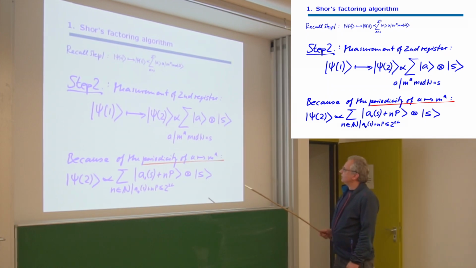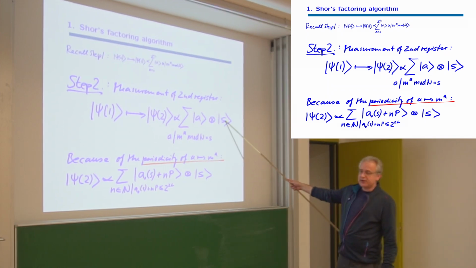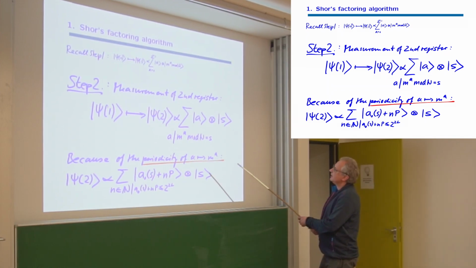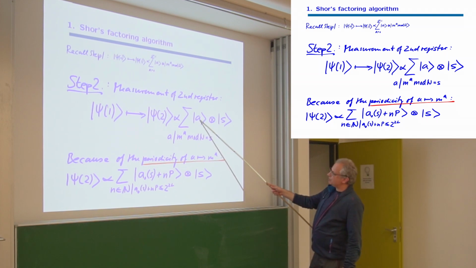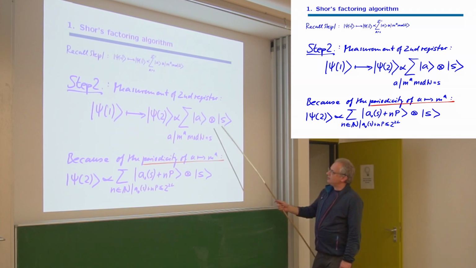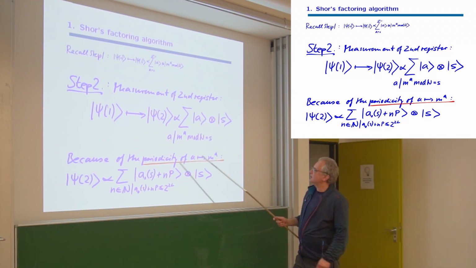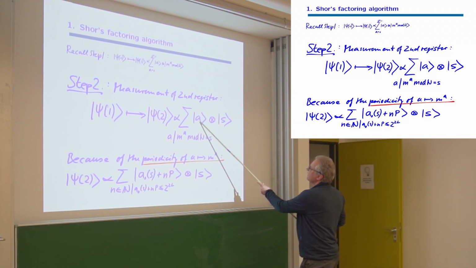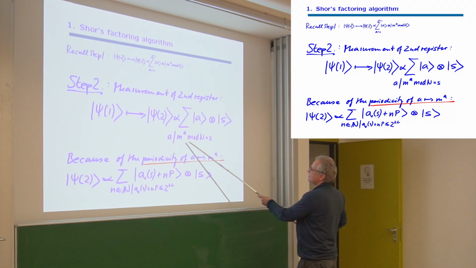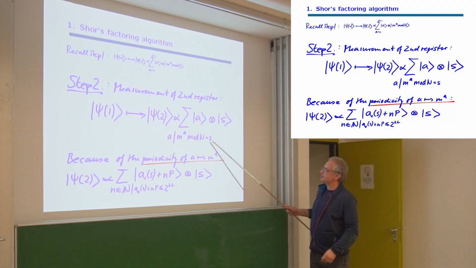All right, so this register is projected, and that register is projected too, but not into a single value, but rather multiple ones. And namely, we retain all values in here such that they satisfy this condition.